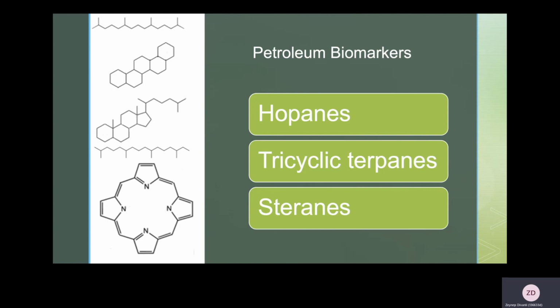And tricyclic terpenes, I just couldn't find a lot of data on them, at least not a lot that I would like, so I'm just going to skip that one. And steranes are derived from steroids or sterols, and they're used as biomarkers for the presence of eukaryotic cells within the fossil fuel.